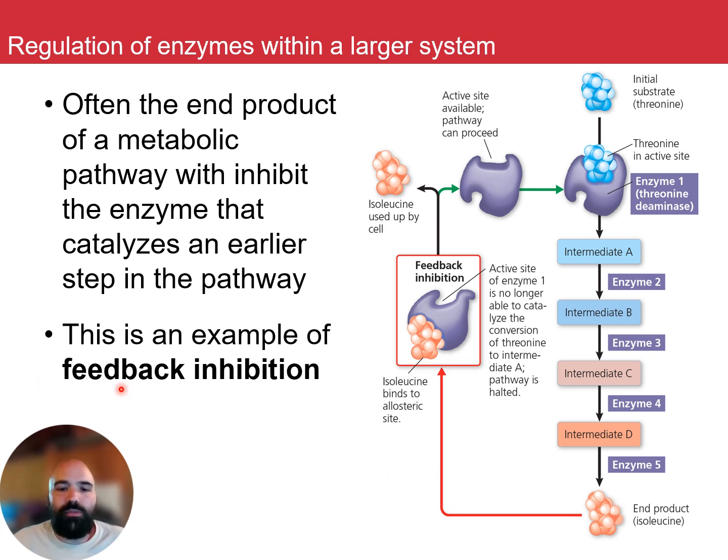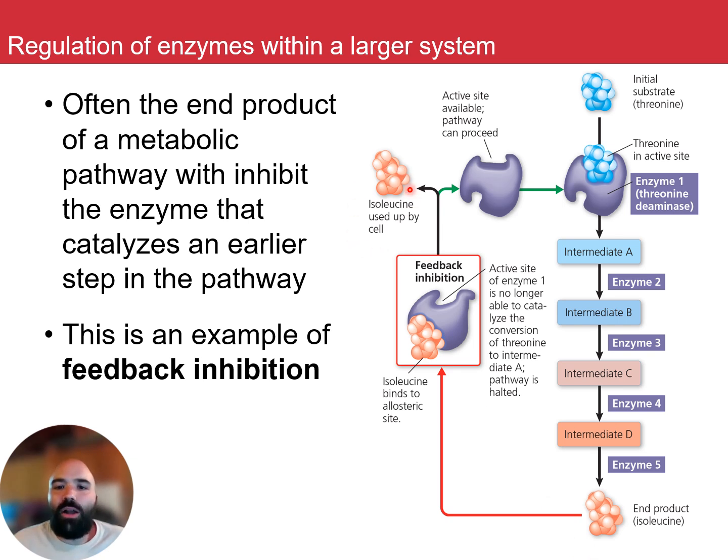This is a process called feedback inhibition, and it is a really smart design for the cell, because when there's lots of isoleucine, we are stopping this from happening. That's good, because if we already have lots of isoleucine, we don't want to make more isoleucine.